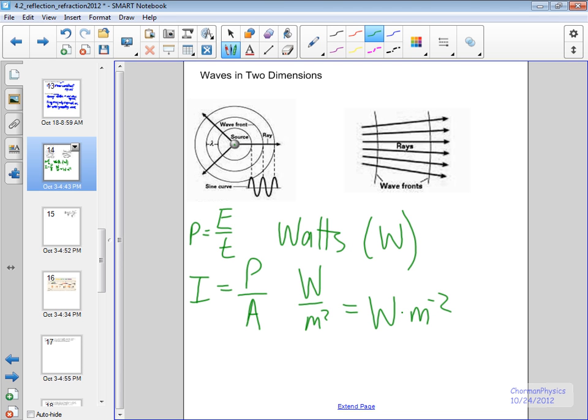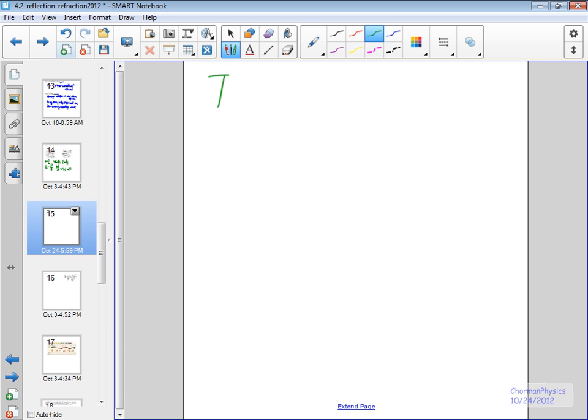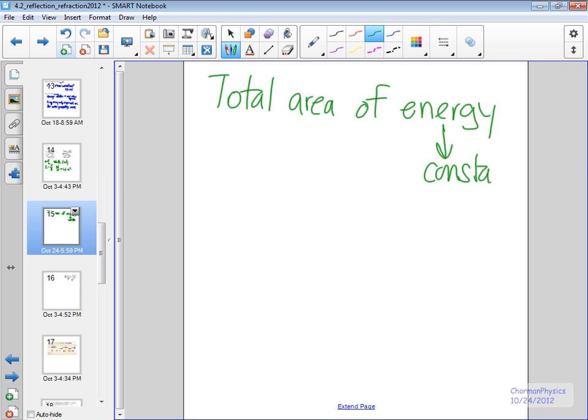So the total energy that's been emitted stays constant, but the total area over which the energy is spread increases.